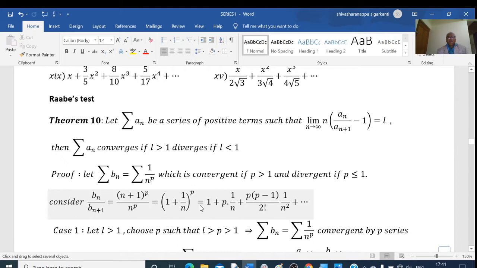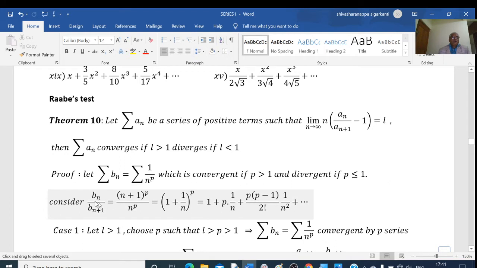Expanding this by binomial theorem, this is equal to 1 to the power of p, which is 1, plus pC1, that is p, into 1 to the power of anything is 1 itself, into 1 by n, plus pC2, p into (p-1) by 2 factorial, into 1 by n square, plus the next term p(p-1)(p-2) divided by 3 factorial into 1 by n cube, plus and so on.